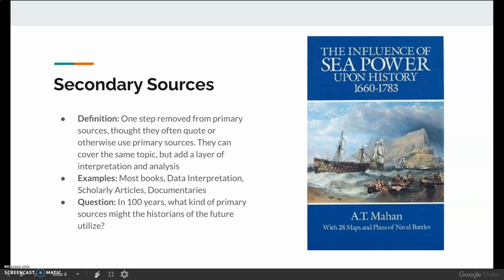So maybe scholarly institutions where people share papers online. I think online journal articles and online scholarly articles will be huge secondary sources that historians will utilize to tell the story of the 2020s, to explain what's happening in 2020.